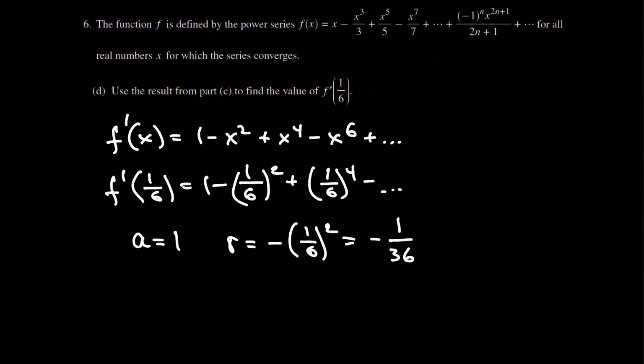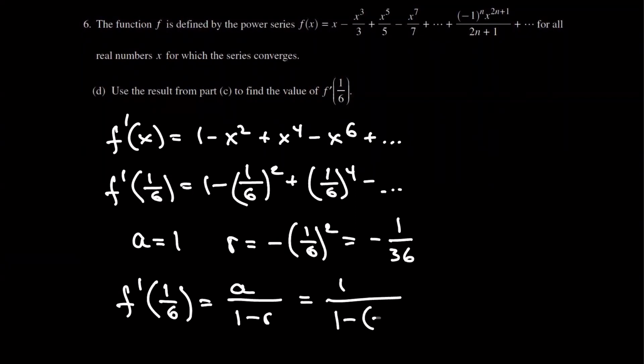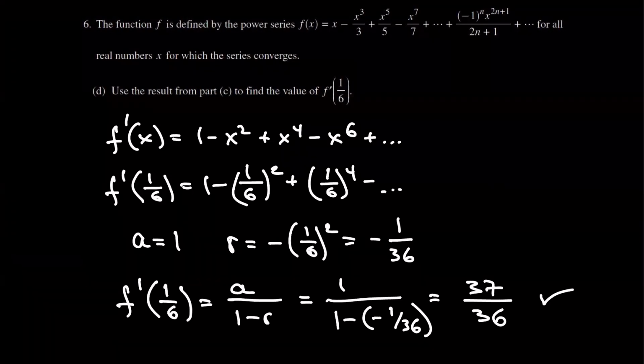And for this geometric series, f prime of 1 over 6 is equal to a over 1 minus r. Plugging in these values gives us 1 over 1 minus negative 1 over 36, which is 37 over 36. So this is the answer to this question.